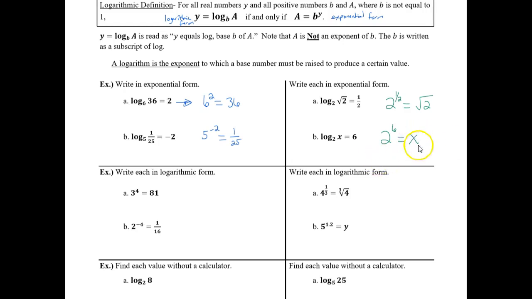That one has a variable in it, so it's not a true statement like these that we can just look at and verify. This would be something that you would be solving later on. So that's the key. First, start with your base: log base what? Then logs equal exponents, so what does that log equal? That's your exponent. And then this will equal the only value you haven't used, which is your a value.